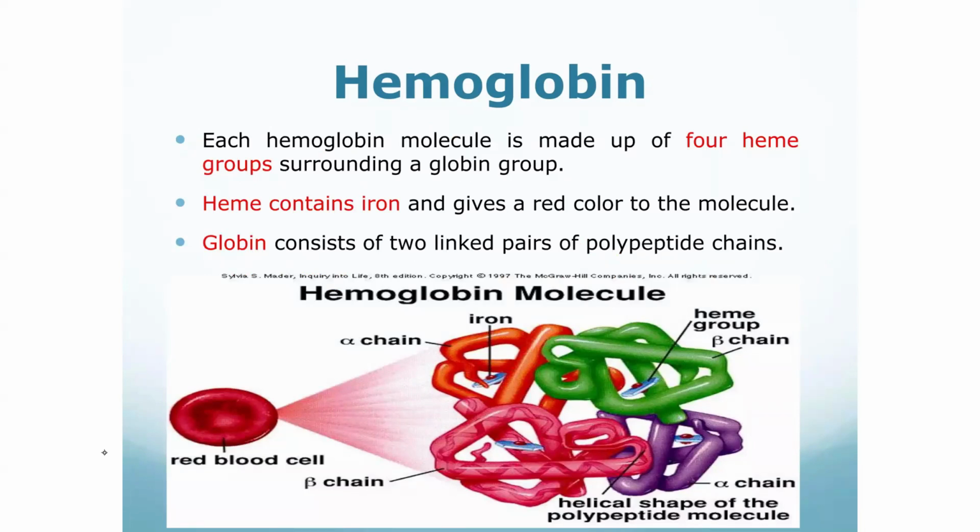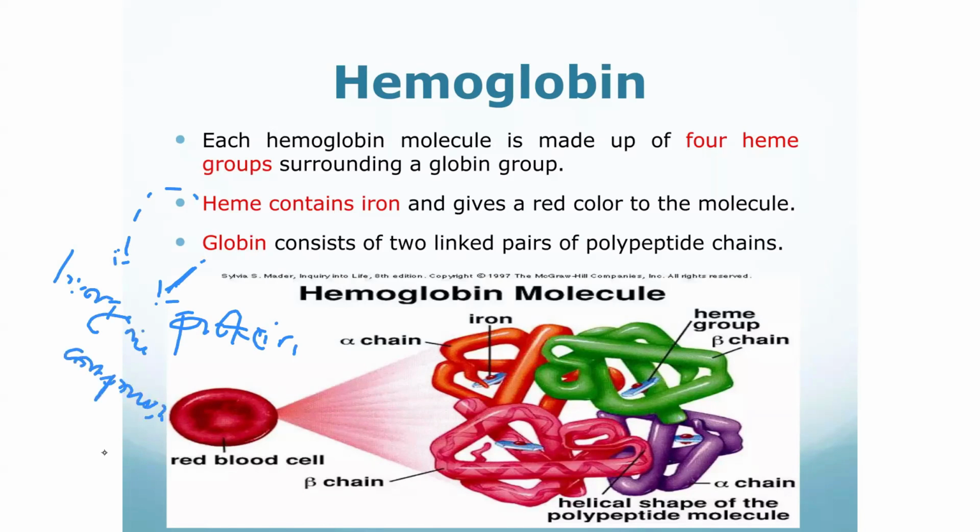Globin is the protein component of the red blood cell. And the heme is an inorganic component of hemoglobin. The heme is highly rich in an element, Fe ion.